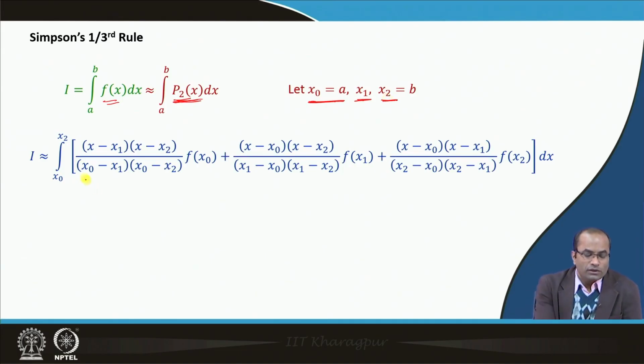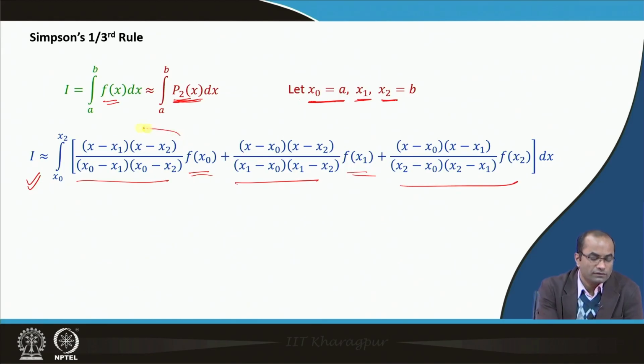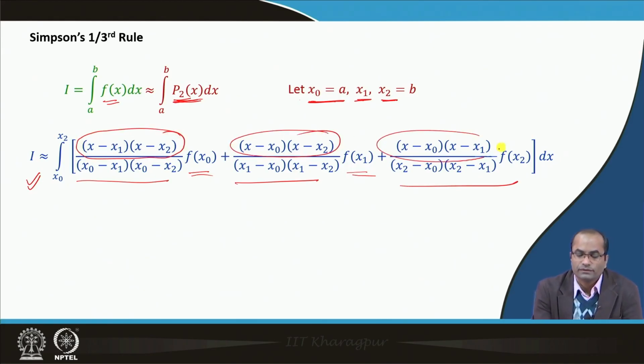In that case, we will use this polynomial of degree 2, a Lagrange polynomial of degree 2 which passes through the points a, x 1 and b. From x naught to x 2 we are integrating; this is a single application of this 1/3 rule. Now we can integrate this, because it is integrated over x and x sits in the numerator as a quadratic term.